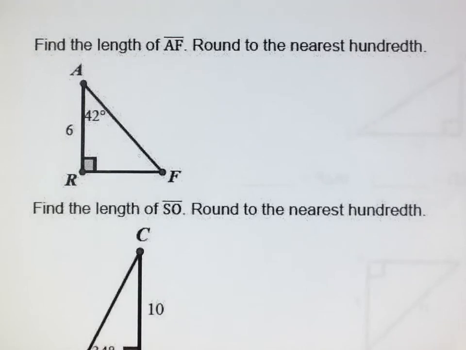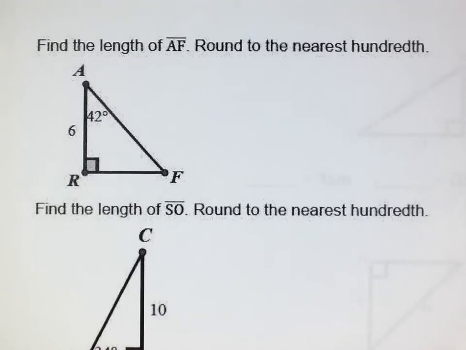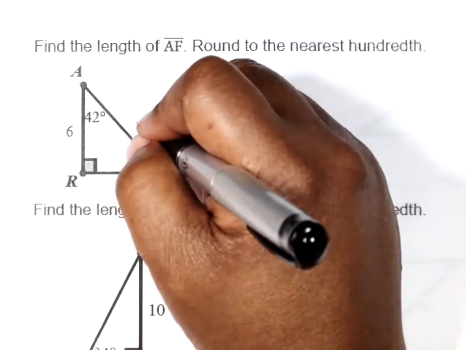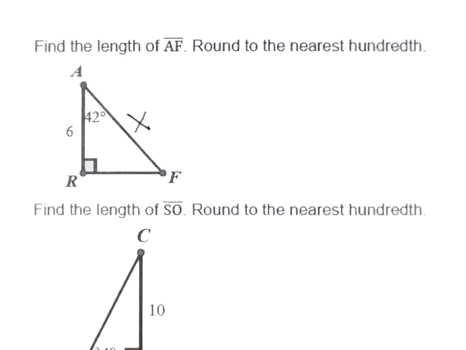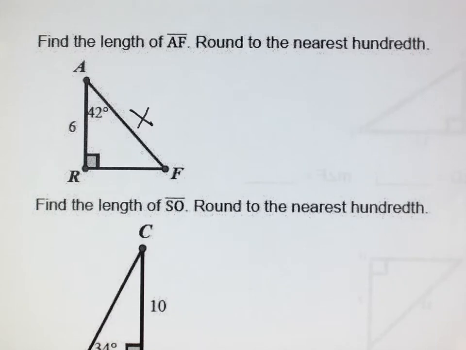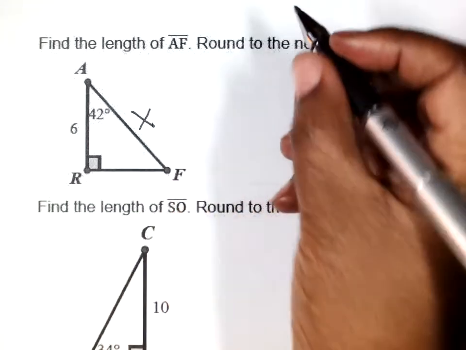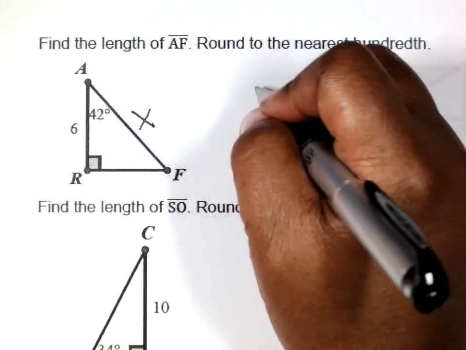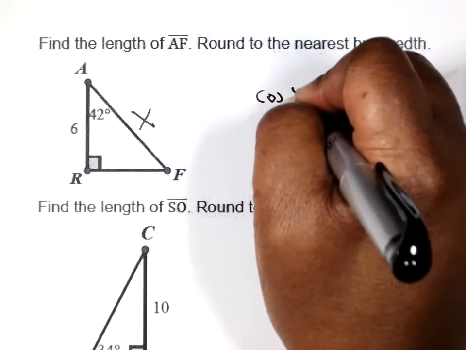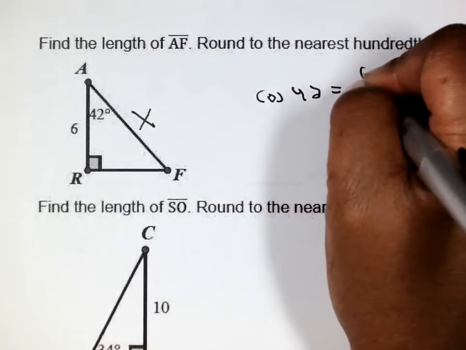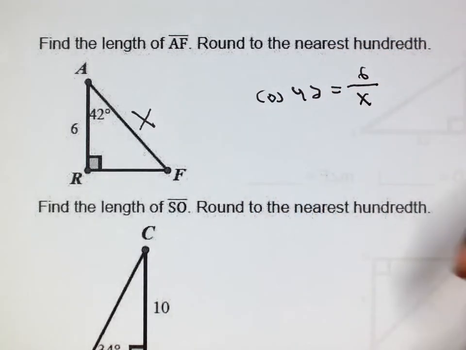Here we want to find the length and round to the nearest hundredth. And they want the length of AF. So this is the side that we're looking for. So that's going to determine which trig function I use. I'm given that angle 42. I have the adjacent side, and I want to know the hypotenuse. So cosine 42 equals 6 over x.